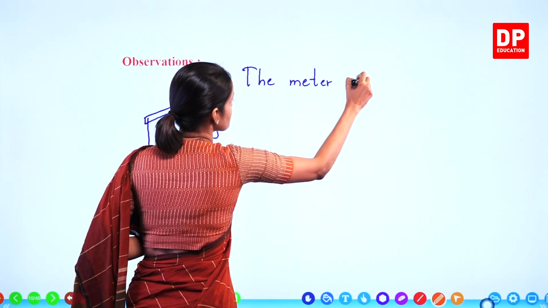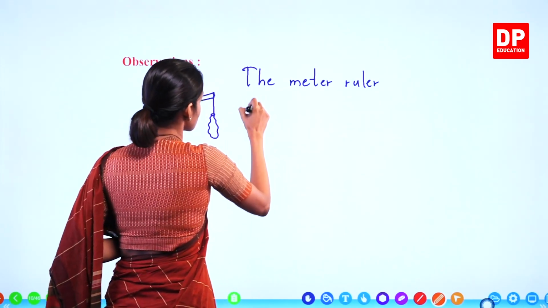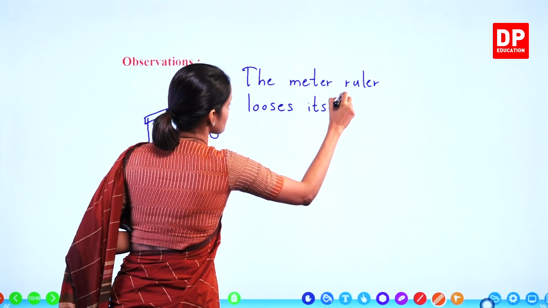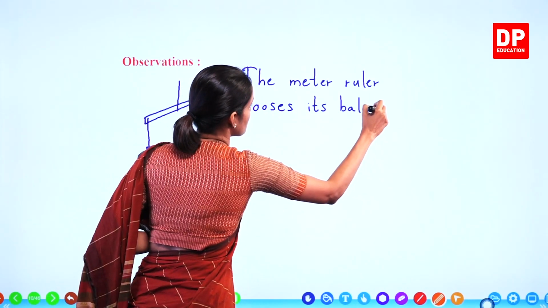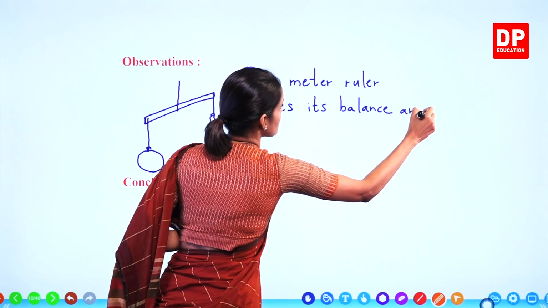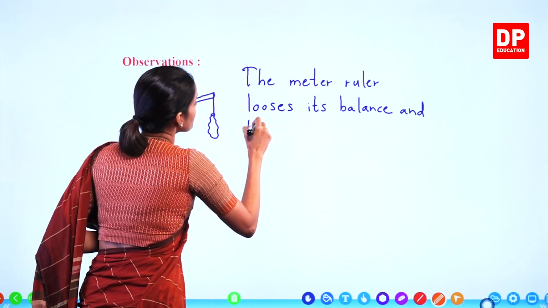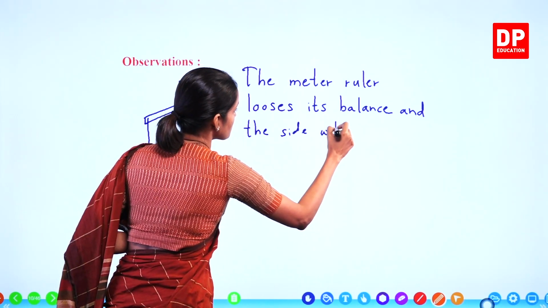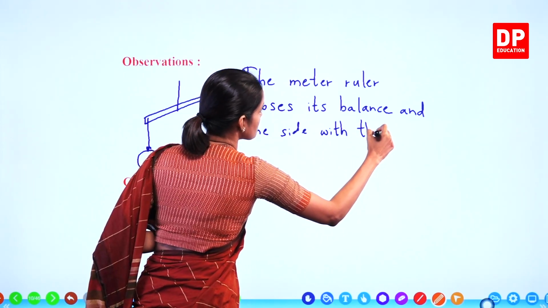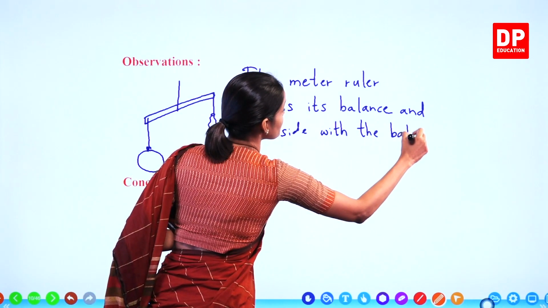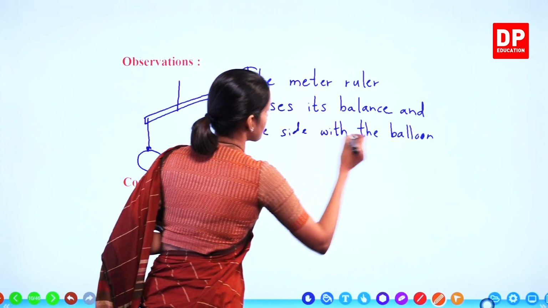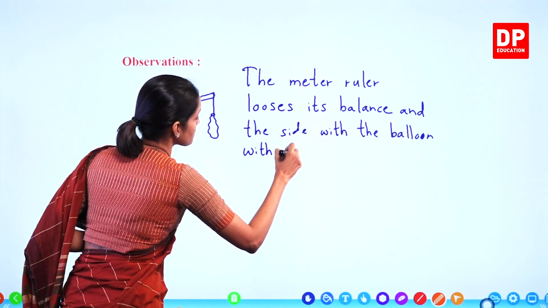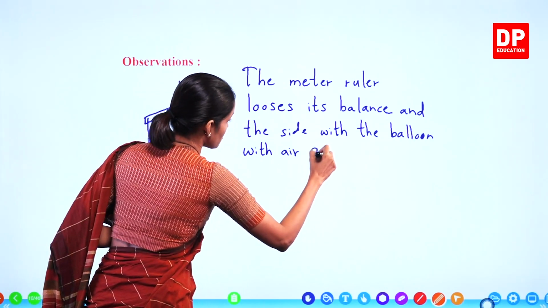Meter ruler loses its balance and the side with the balloon with air goes down.